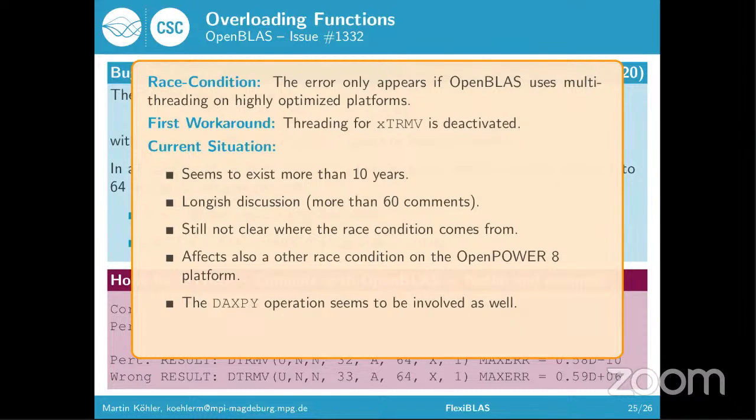This race condition was in the high-level code, not in the kernels of OpenBLAS, because when we got our first Power 8 system, I could reproduce the bug. The normal vector addition was somehow involved in this problem as well.